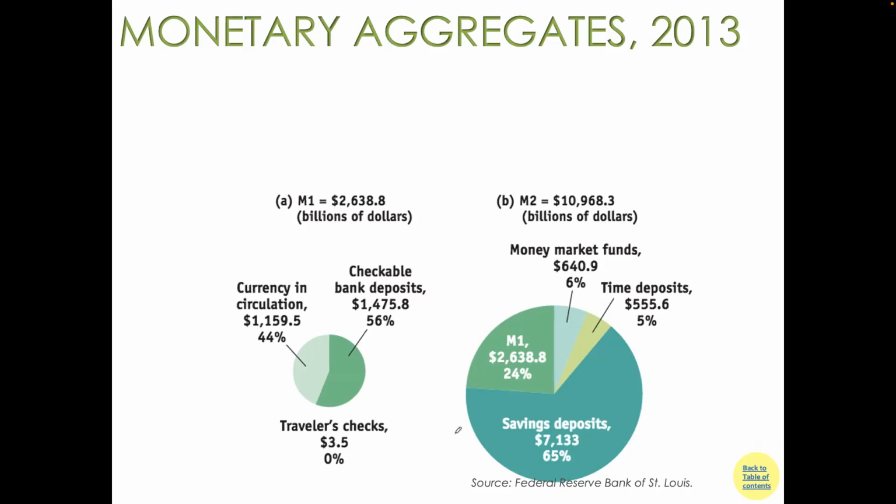So this is currency in circulation. The other one is checkable bank deposits. Essentially, it's the money you have in your checking account, right? Oh, by the way, speaking of currency in circulation, let me give you a fun fact.